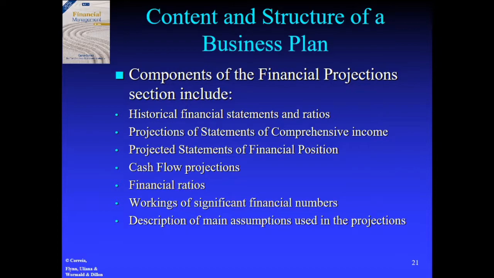So this would include projections of the statement of comprehensive income and projected statements of financial position, as well as the cash flow projections. Financial ratios will then be performed on these forecasts and projections. So any calculations or workings of significant financial numbers also need to be provided so that the person reviewing the business plan can make sense of the figures and see how they are derived.